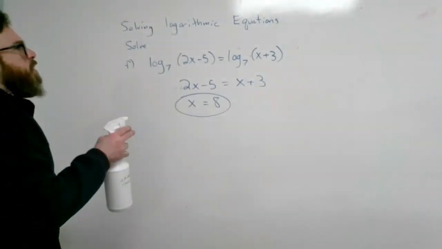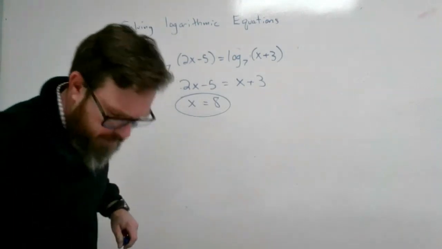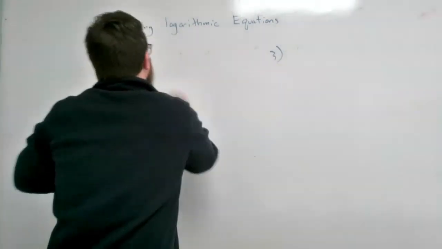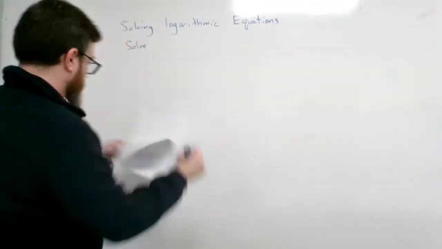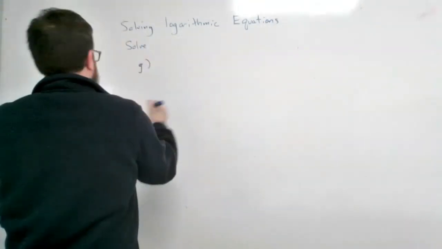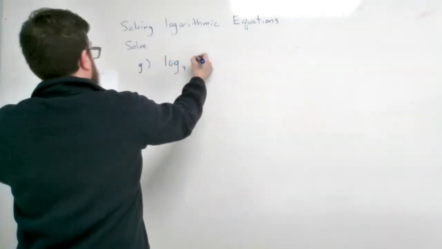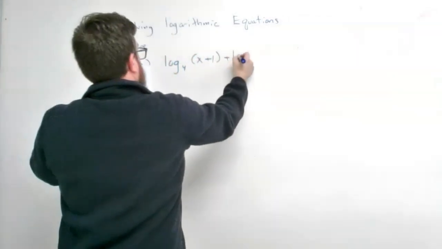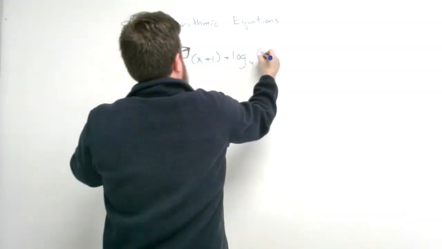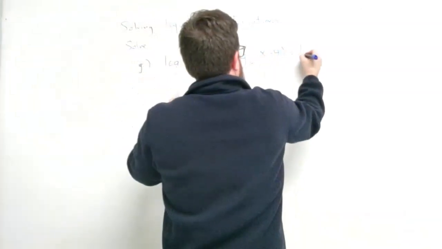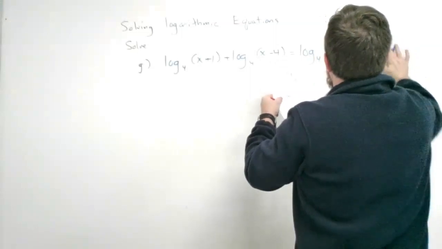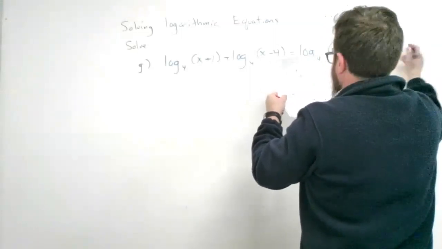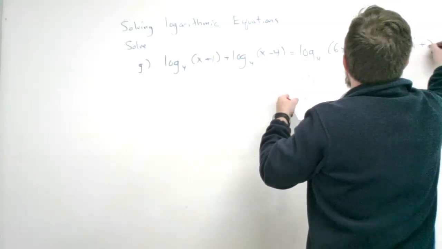So let's complicate it just slightly. Same exact kind of idea. Log base 4 of x plus 1 plus log base 4 of x minus 4 is equal to log base 4 of 6x plus 12 minus log base 4 of x plus 2.